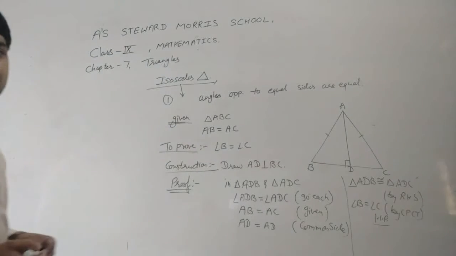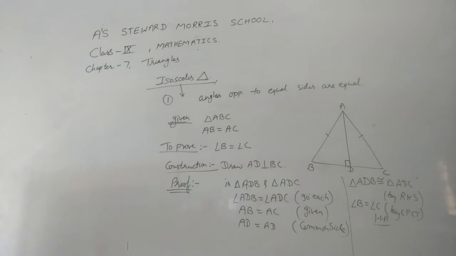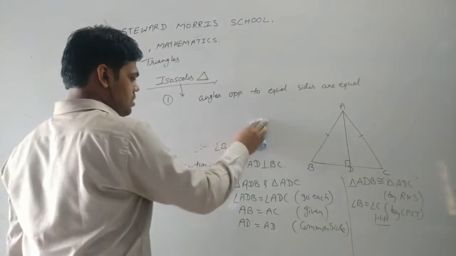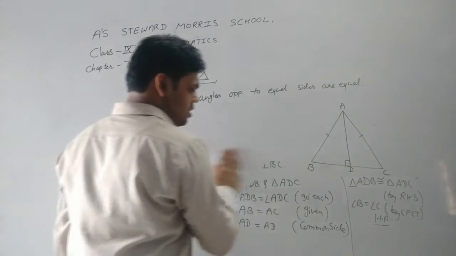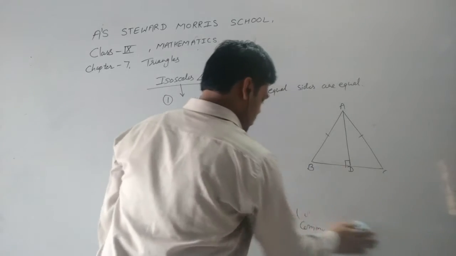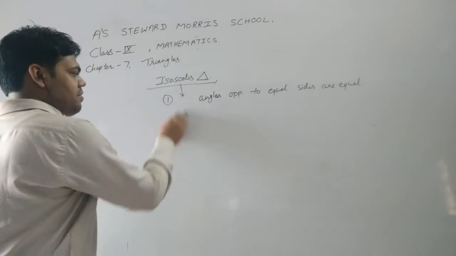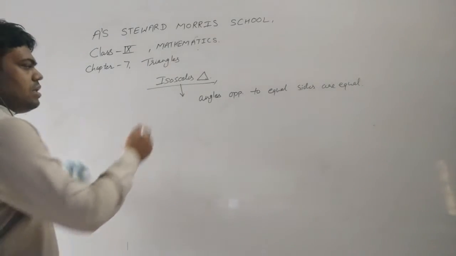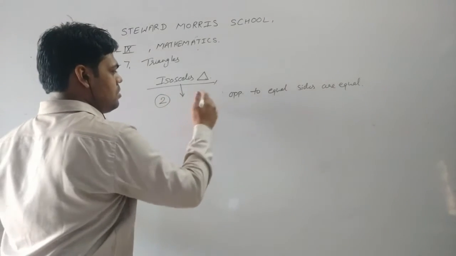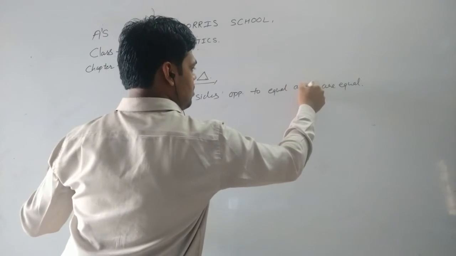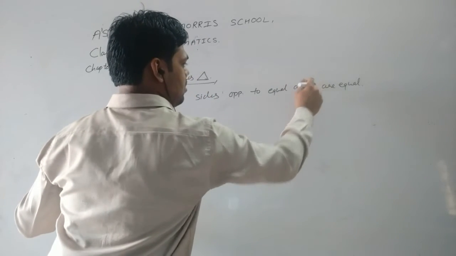Okay. Now the next one, the converse of this part, how will we prove? See, in the converse part, the same process will be there, with a little bit of difference. In the second, sides opposite to equal angles are equal.